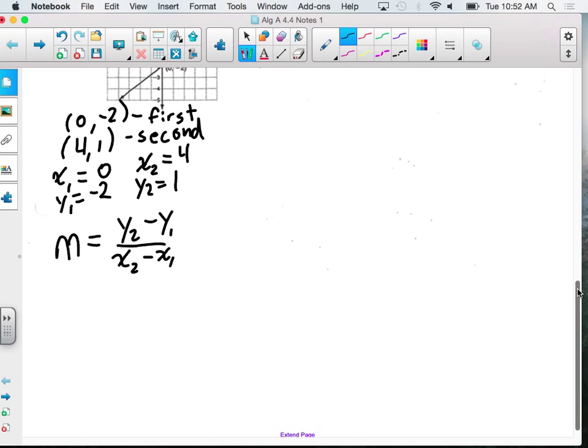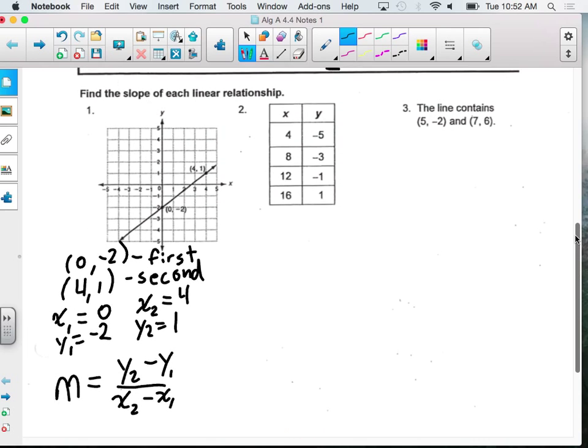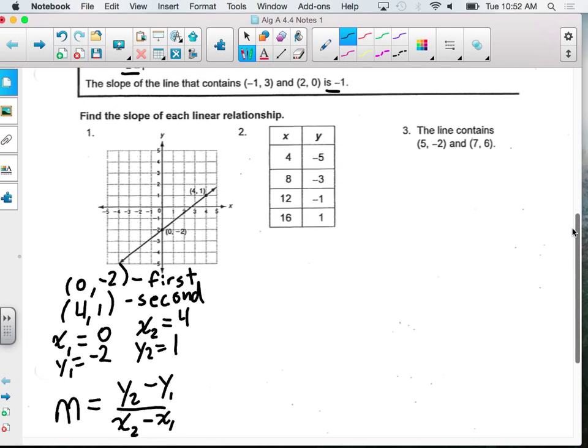Yep, some slopes will be fractions. So before we start plugging in everything, just looking at the graph, what do you think our slope is going to be? Like positive or negative? Is it going to be positive? Yes, it's going to be positive, because it's not going to the left.